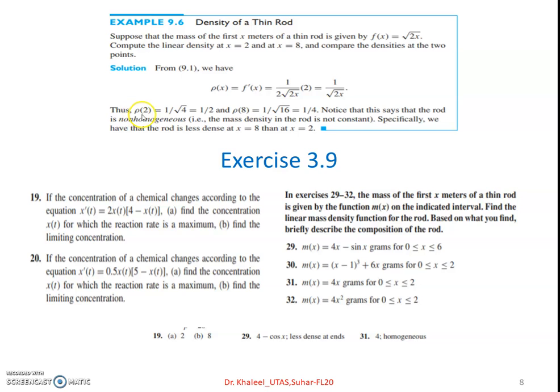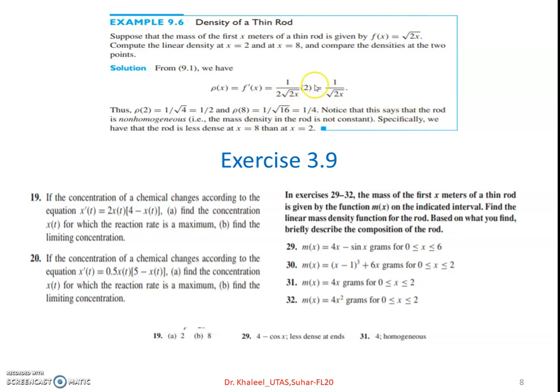Since the densities at x equal to 2 and x equal to 8 are different, we say that the rod is non-homogeneous. That means not homogeneous. In other words, the mass density in the rod is not constant. So non-homogeneous means the density is not constant, and homogeneous means the mass density is constant.